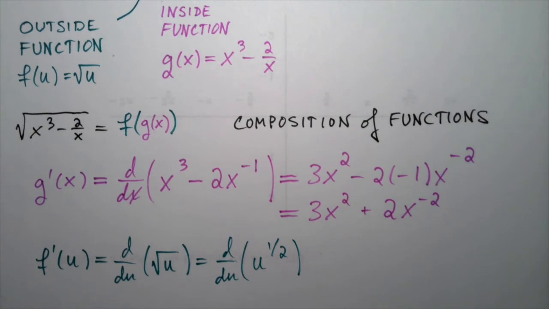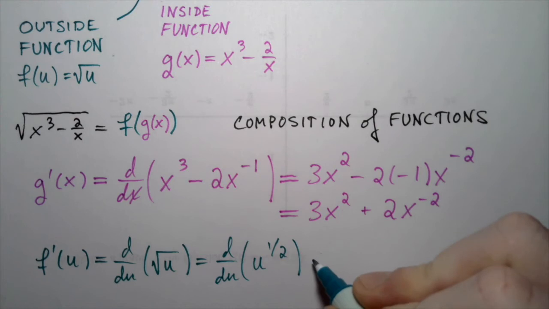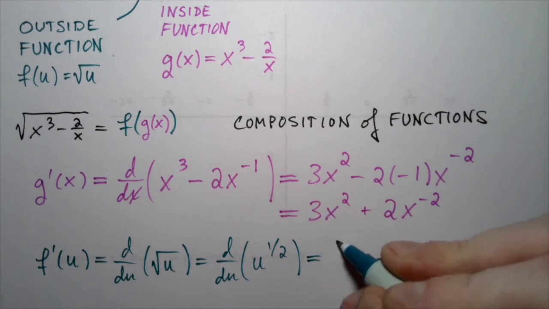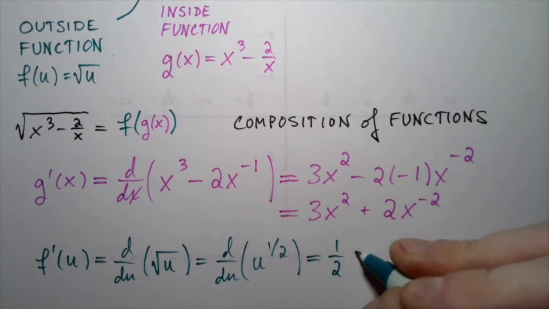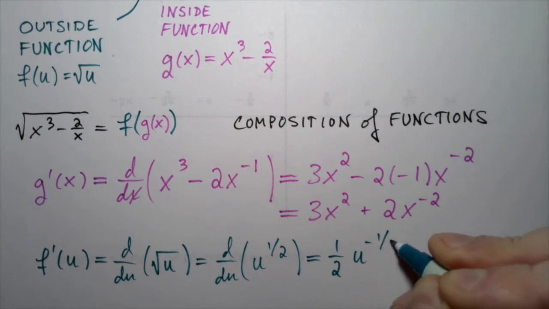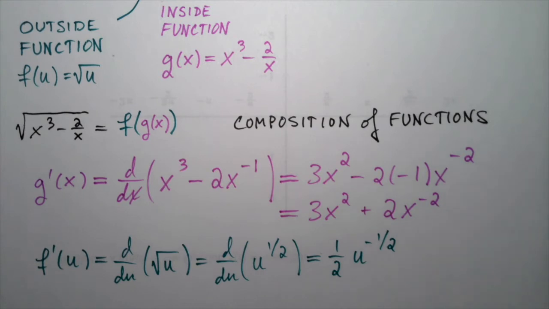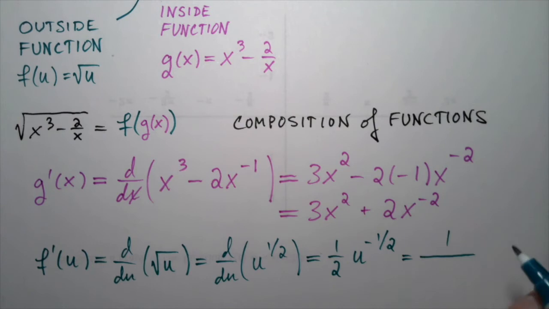I'm writing the square root function as u to the power 1/2, because then I can find the derivative using the power rule. The exponent comes down, and then I subtract 1 from the exponent. Awesome. Now in this case, I am going to rewrite that in terms of the square root function. Again, in terms of square root notation, this is the same thing as 1 divided by 2 times the square root of u. Let's write it that way.